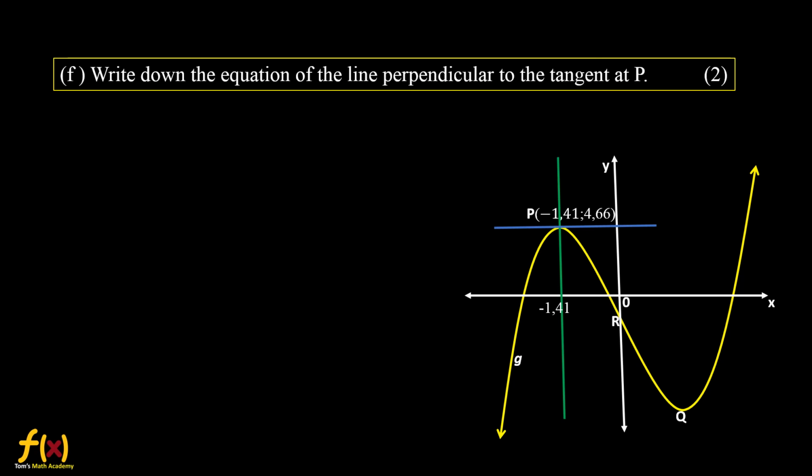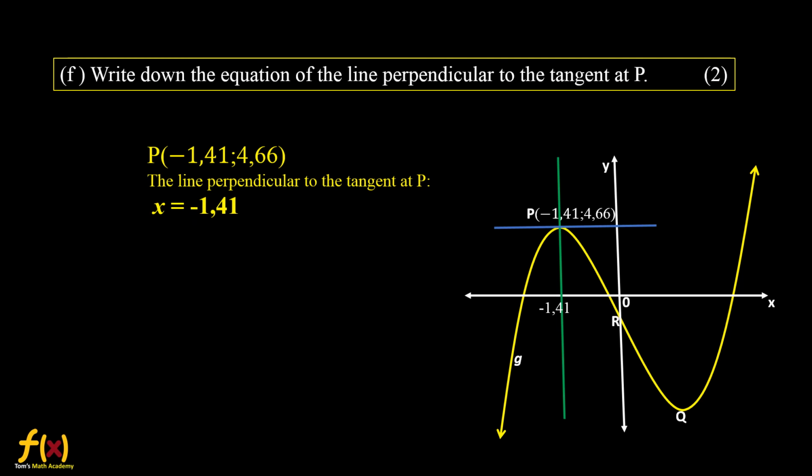What is the equation of that line? That line is parallel to the y-axis because it is perpendicular to the x-axis. And what is the x-coordinate of P? Minus 1,4. So the equation of this line is x equals minus 1,4. That is the simplest idea you are getting from this question.